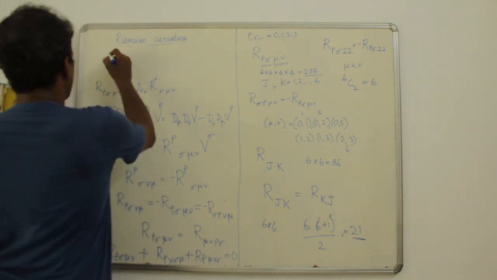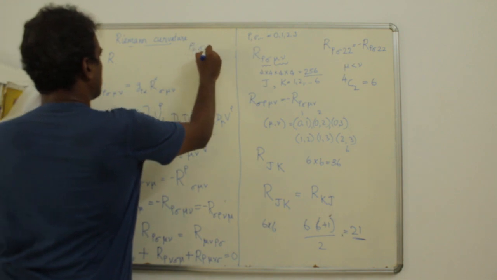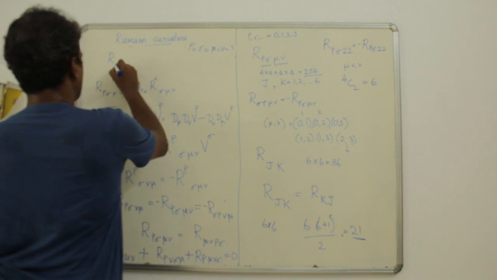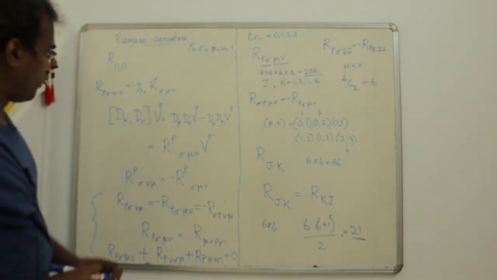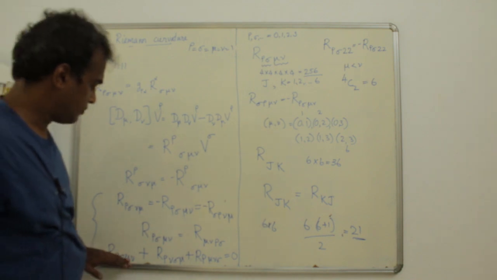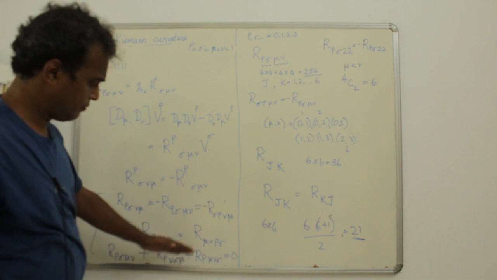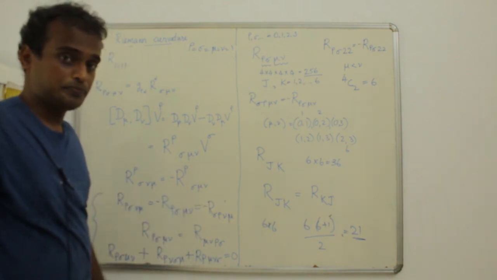For instance, if I choose rho equal to sigma equal to mu equal to nu equal to 1, I get the component R1111. For such a component, let us ask whether this identity gives us anything that is different from what would be given by the previous identities.